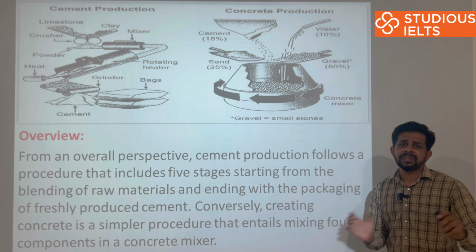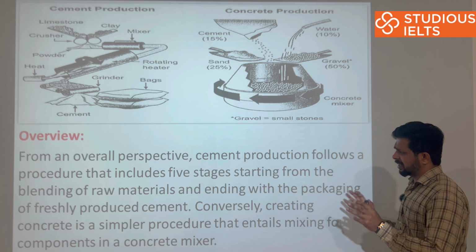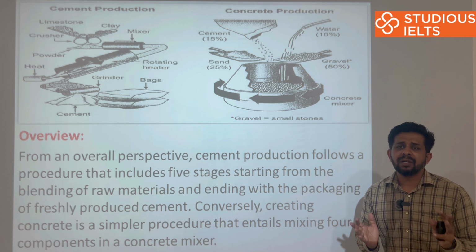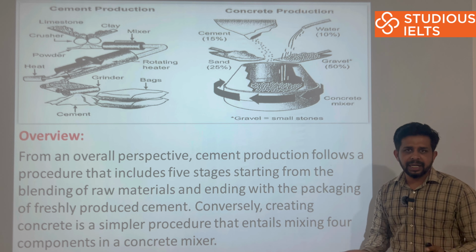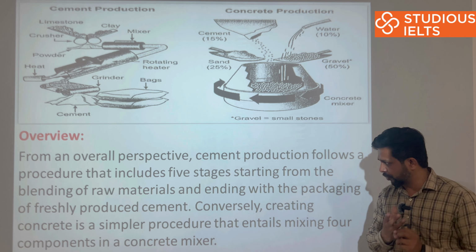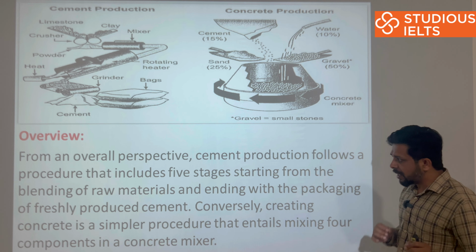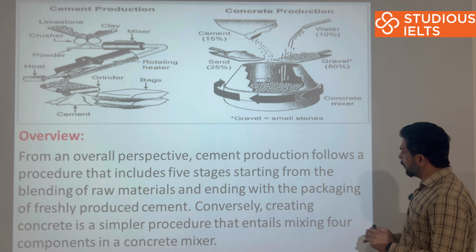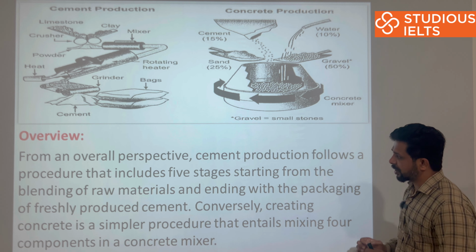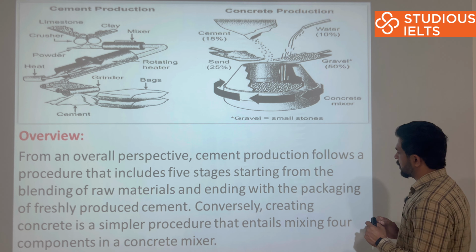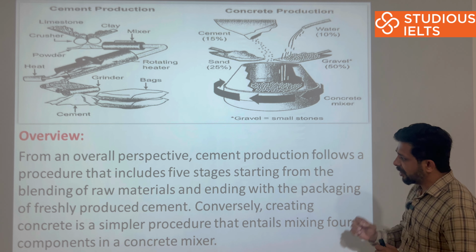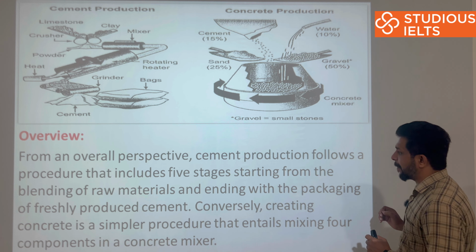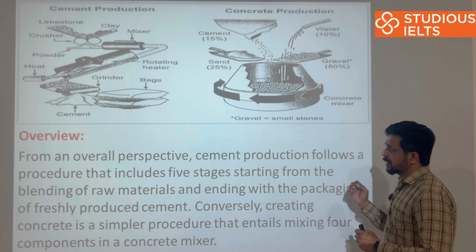Okay, we have to start our answer by saying that it is an overview, and for that, this is a good way to start, an impressive way to start your overview: from an overall perspective, cement production follows a procedure that includes 5 stages, starting from the blending of raw materials and ending with the packaging of freshly produced cement.